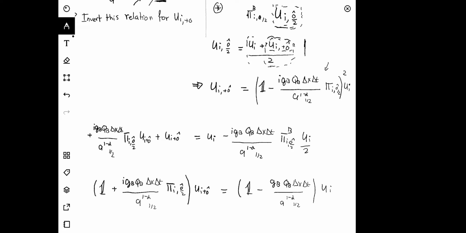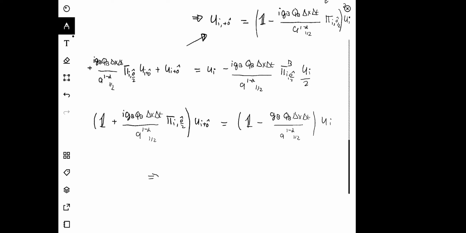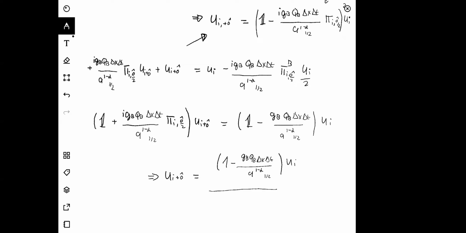And then the expression that I wrote here is solving this equation by doing a little extra approximation. It is just saying that in the exact expression, ui plus 0 is equal to 1 minus GB QB delta X delta T divided by A minus alpha 1/2 ui, divided by 1 minus GB, and of course I forgot the pi here, and that's why it's important.